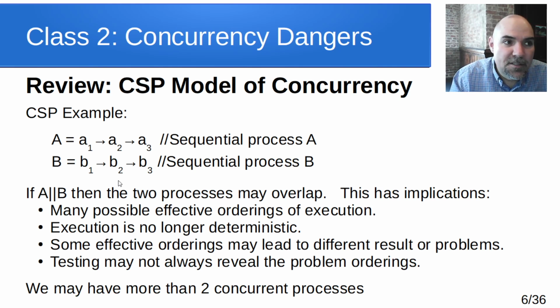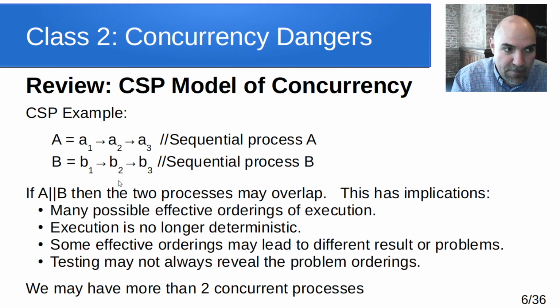So testing, since when you test it, we're just getting an ordering. We're not getting all the orderings. And in some cases, it might be impossible to test all of the orderings because there might be so many of them that we wouldn't have enough time to test all of them. We don't know which one we're getting when we run the program. So that makes testing concurrent programs difficult.